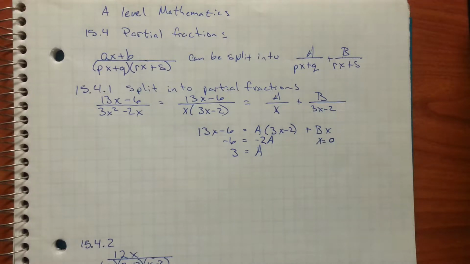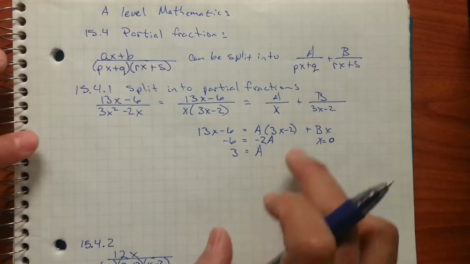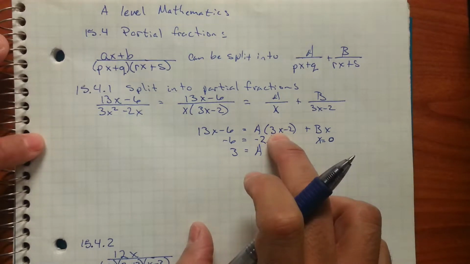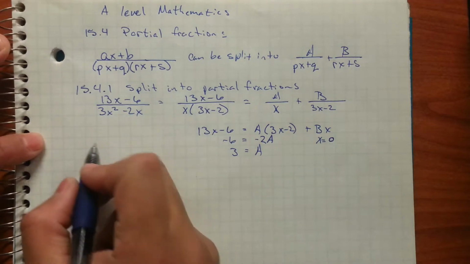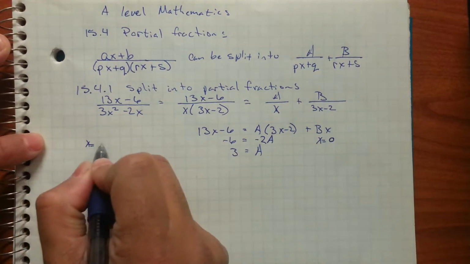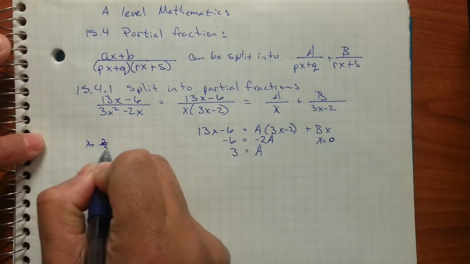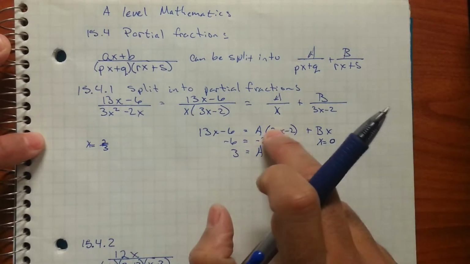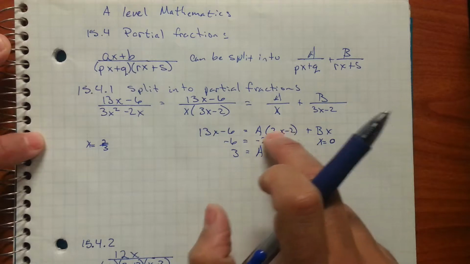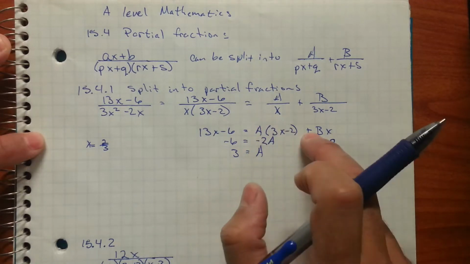Now I'm going to do something similar with the other side. So now for this to be equal to 0, for this one right here, x would equal, if I move this to the other side, positive 2 over 3. So if x equals 2 over 3, this one right here would give me 2 minus 2, that's 0 right there.